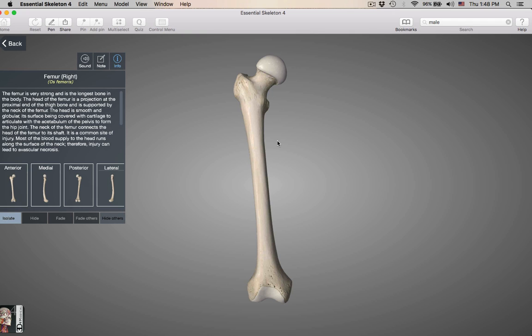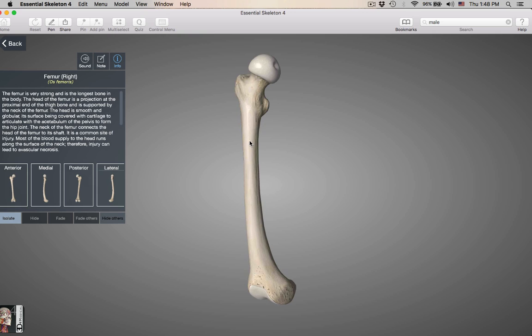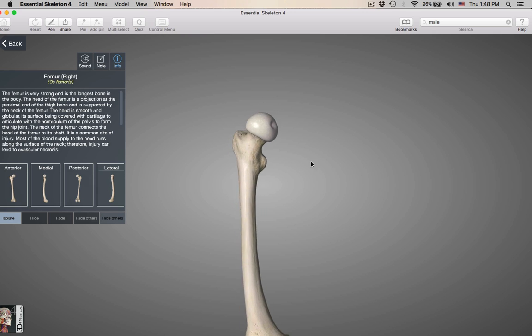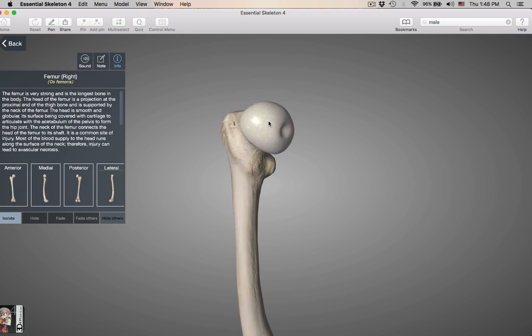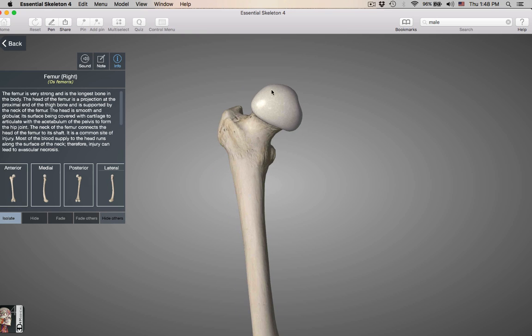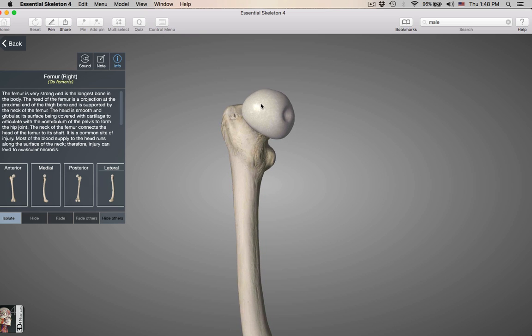What is on your list? The head. So the head is this rounded, articulating ball right here. That is the head of the femur. The head of the femur is going to be articulating with the acetabulum of the hip bone.